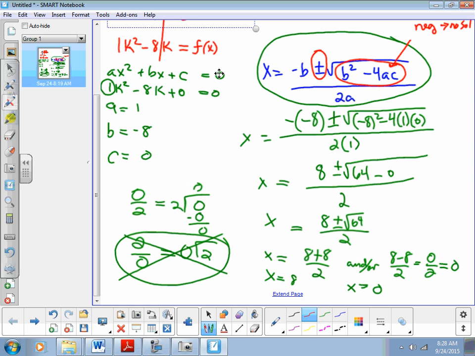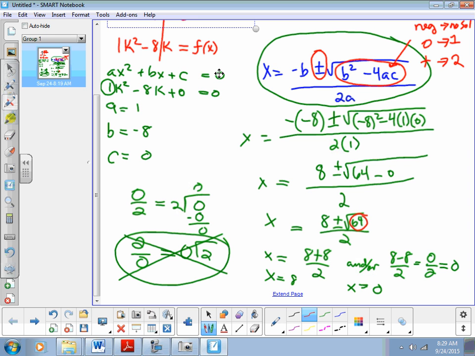Yeah? If you get a 0 inside of here, that means there's only one solution. Okay? If you get a positive number, then there's 2 solutions always. So do you notice we got a positive number?